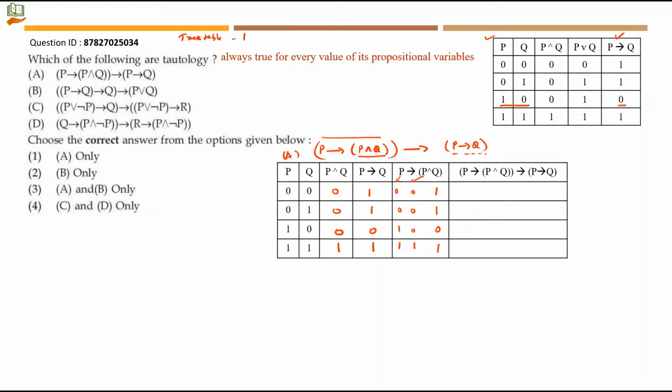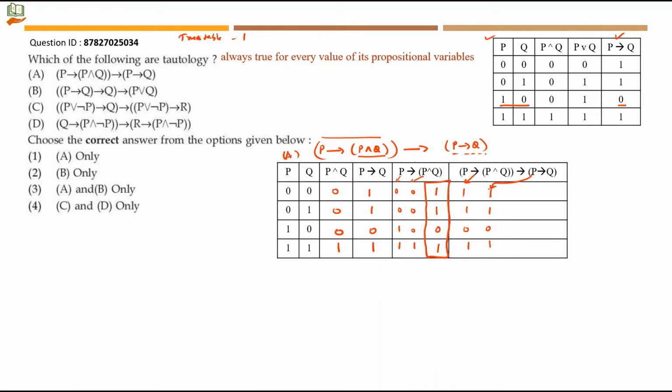So only in this case I have 0, consider only this. Now result of P implies P and Q. This will have the values 1, 1, 0, 1. What is P implies Q? 1, 1, 0, 1. So here we will have it as 1, 1, 0, 1.